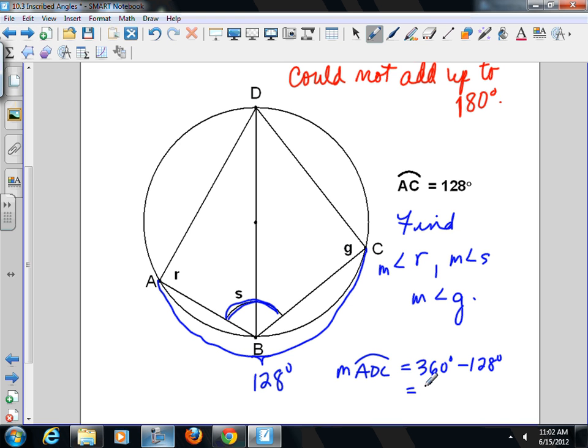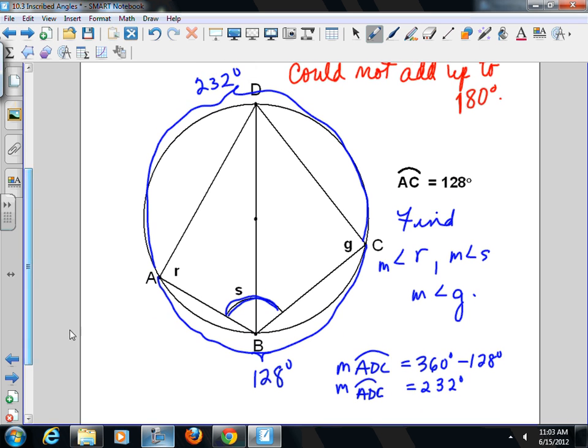So that gives us 232 degrees. All right, so we know this arc here, which looks a little bit messy, I apologize for that, is 232 degrees.